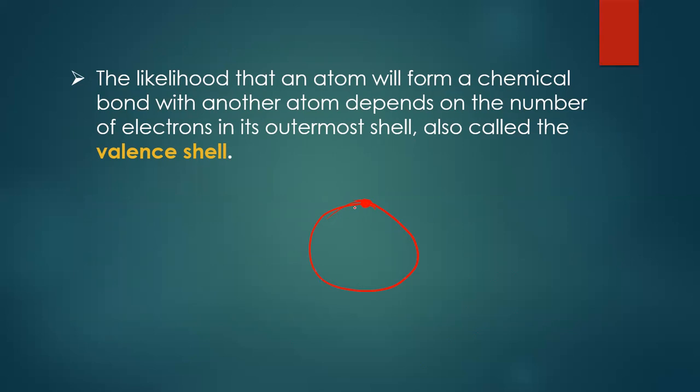The valence shell is simply the outermost shell. We're going to discuss this even in chemistry as we begin to look at the valence electrons and everything.